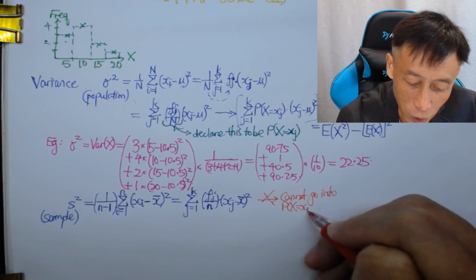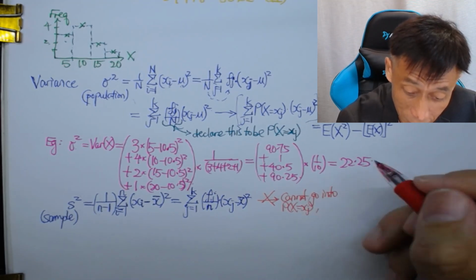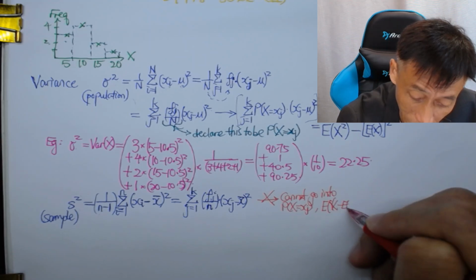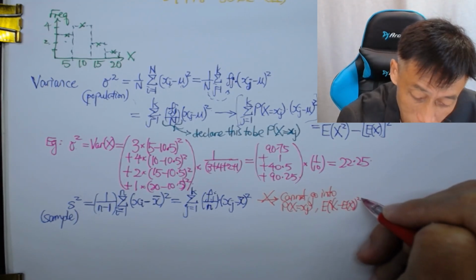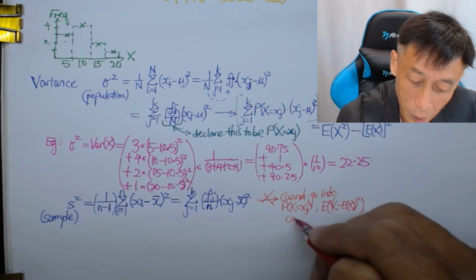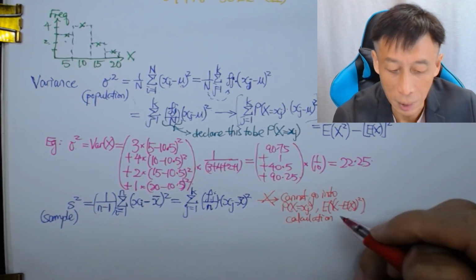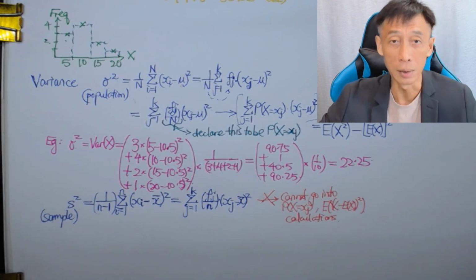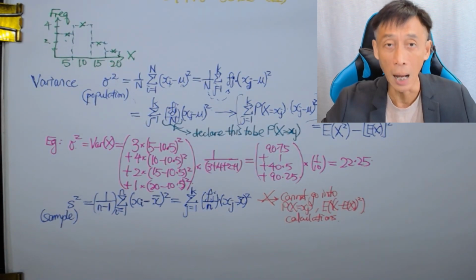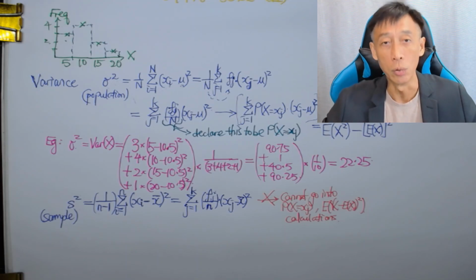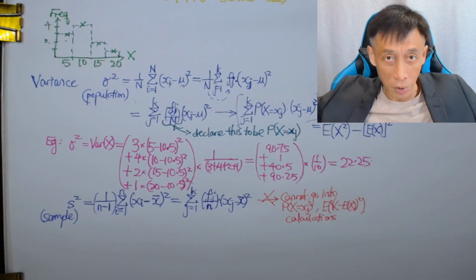Okay, but that's it. Just like the mean calculation, we cannot go into P of X equals x_j and E of (X minus E of X) squared calculations, because the sample is still a subset. Conceptually, the sample is still a subset of the population, right? So you can do the calculation in the sample, you can do the calculation in the population.